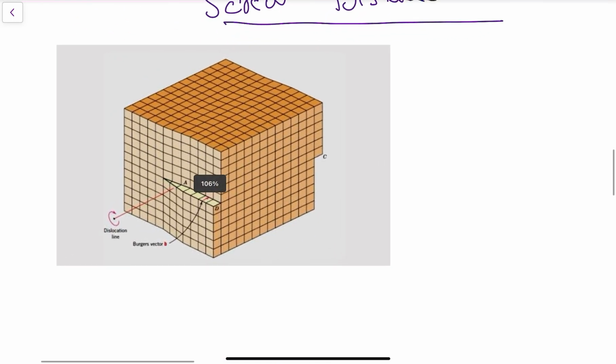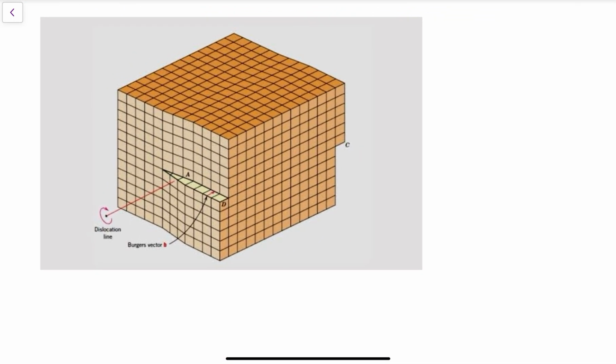Here you can see the Burgers vector is shown by this line, in a different color, and this is the dislocation line.